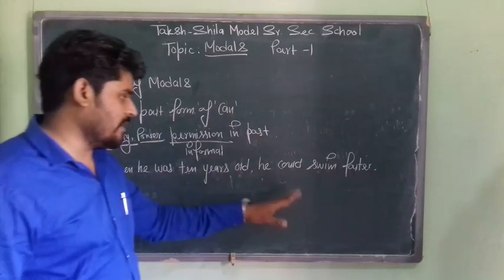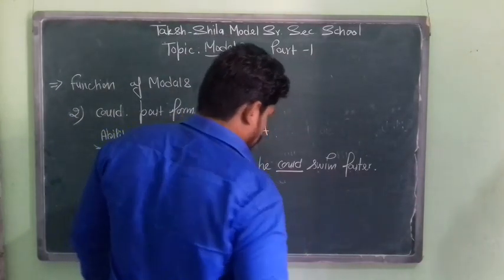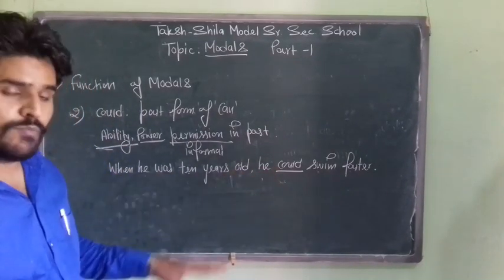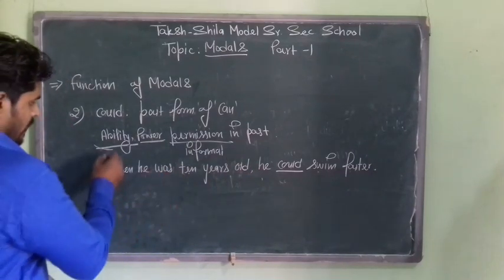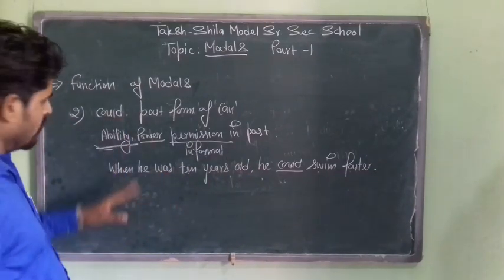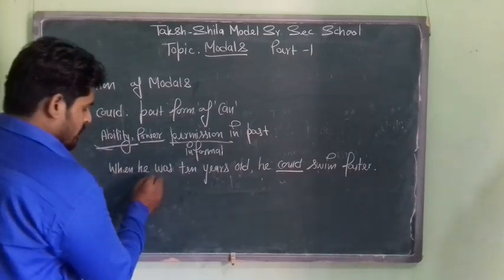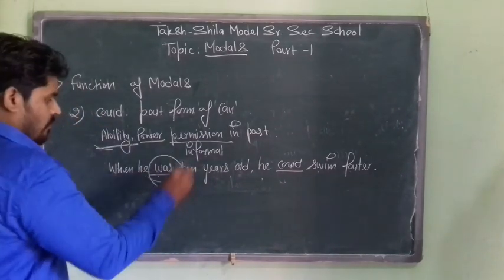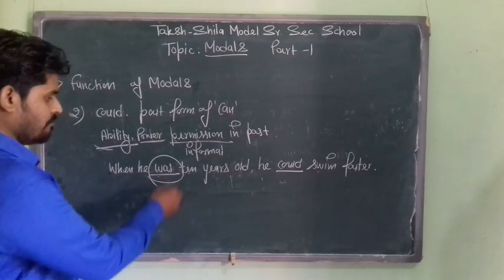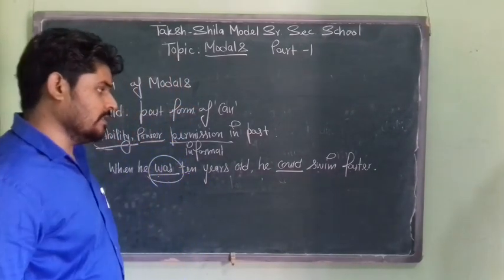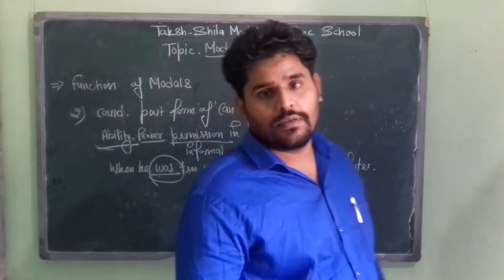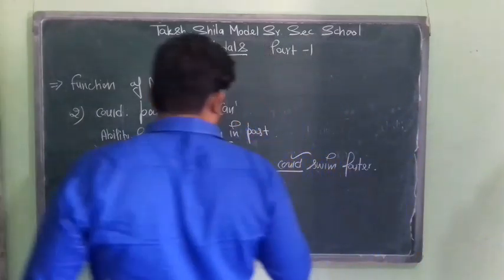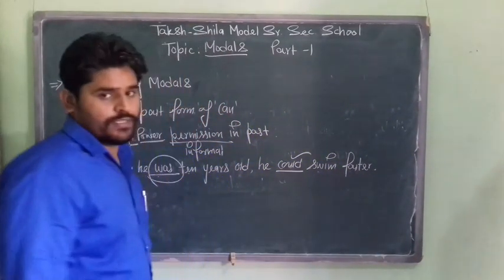Here, when he was 10 years old, he could swim faster. This could shows ability, but it is in past tense. And as I told you that ability and power will be shown by could, but the main verb in the sentence should be in past tense. Here the main verb, that is was, it is an auxiliary verb, this is in past tense. So here the ability will be shown using the past form of can, that is could. So when he was 10 years old, he could swim faster.